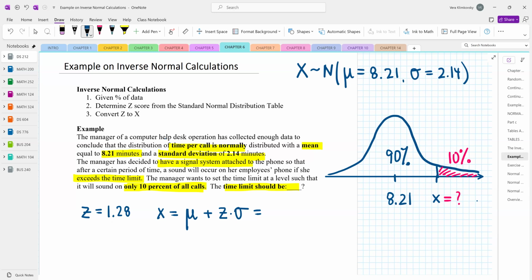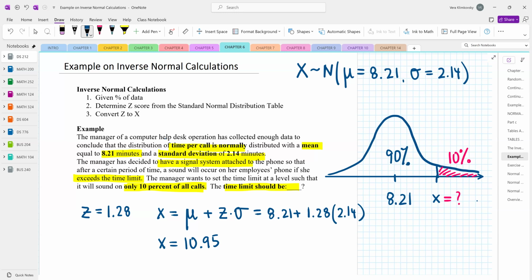We plug in the average, 8.21. We plug in the z-value, 1.28, and we multiply it by 2.14. So multiplication will be done first and then addition. And you should get the result of 10.95 if we round to 2 decimals.